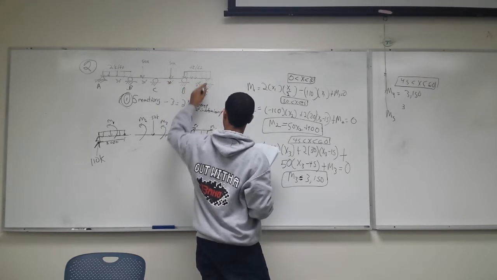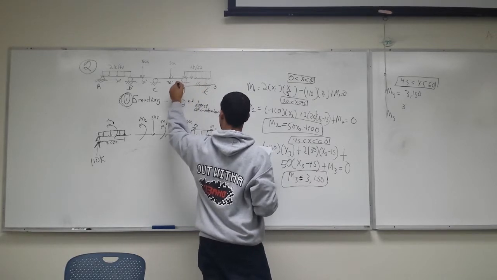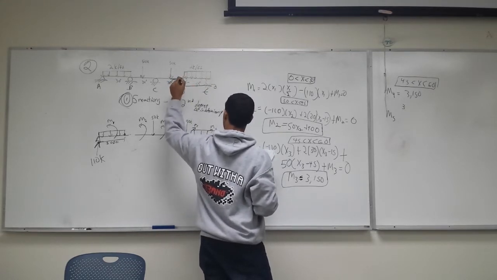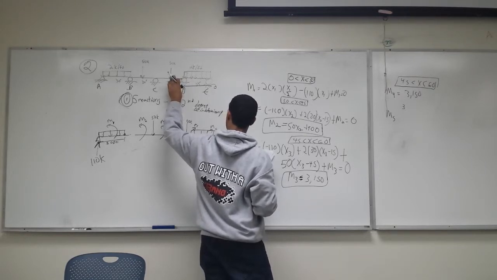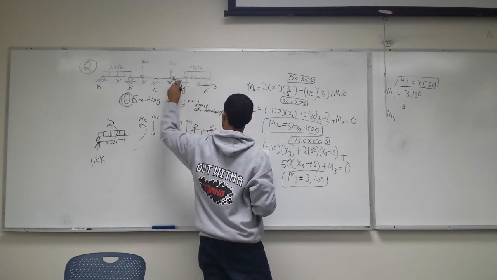Notice that in this distributed load, we go from 0 backwards to 30 feet. Then this portion right here is 15 feet. So we go from 0 to 30, 30 to 45. The difference between 30 and 45 feet is 15 feet.